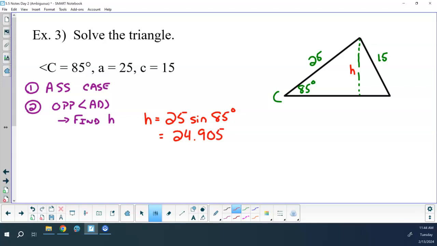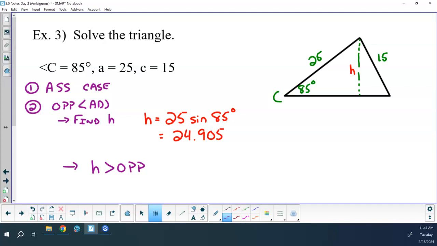Okay. Then I have to compare the height to the opposite side. Which one is bigger? Height or the opposite side? The height is bigger. Zero triangles, because the opposite side doesn't come down and touch it, right?